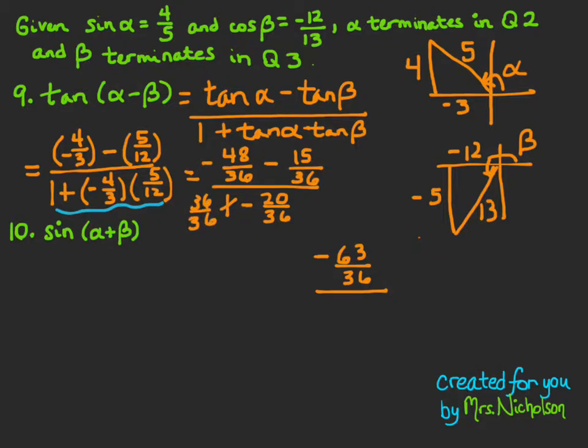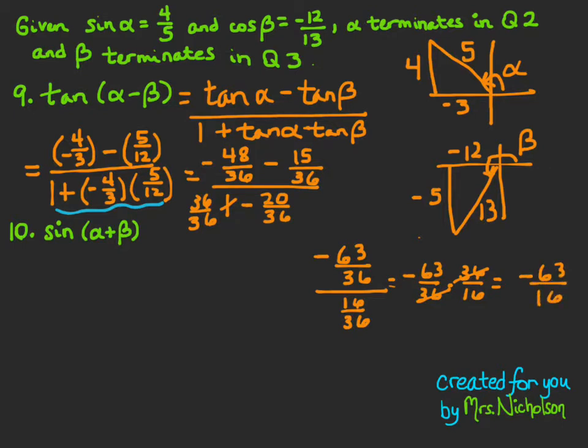And so 36 minus 20 would be 16 over 36. Now I've got two fractions, and I can multiply by the reciprocal. Negative 63 over 36 times 36 over 16. Notice here my 36's cancel out. That's why I wanted to get the same denominator in both places, because I knew it would cancel out here at the end. And finally, we get an answer of negative 63 over 16.